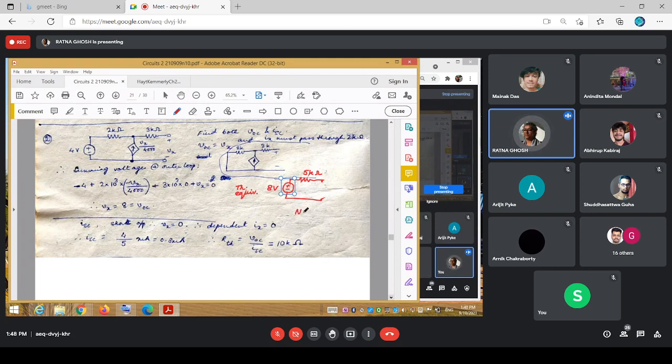And the Norton would be the ISC. So this would be 5 kilo ohms again, and this would be your 0.8 milliamps. So this would be the overall response here.